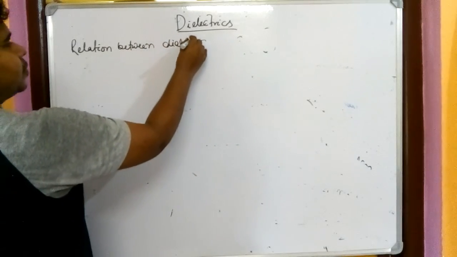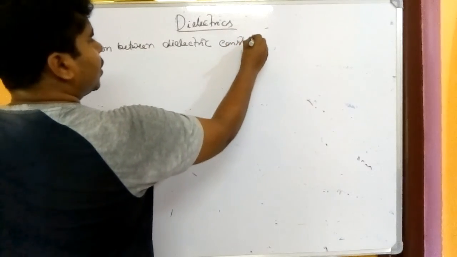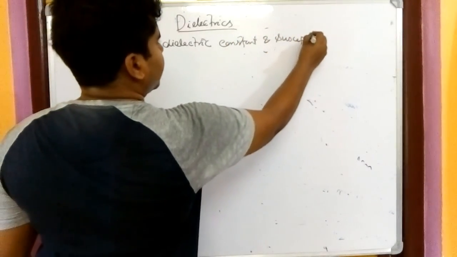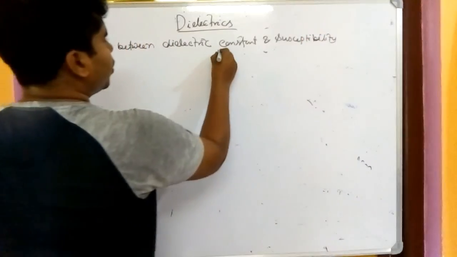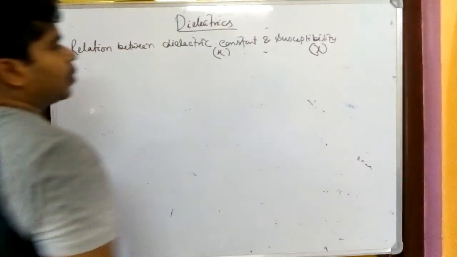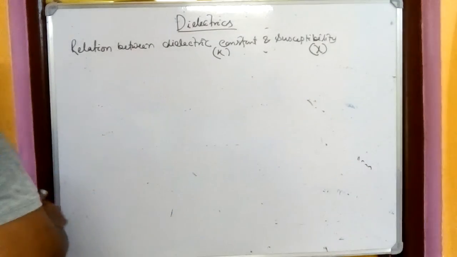So dielectric constant we denote by K, and susceptibility is denoted by chi. So the relation between K and chi, that is our target.